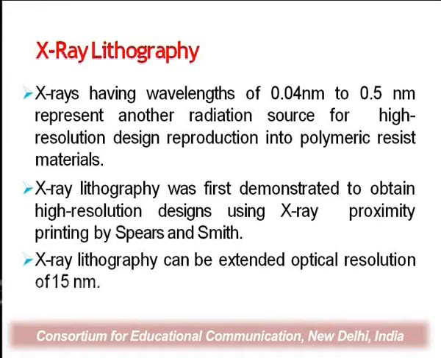Next method is X-ray lithography. What is X-ray lithography? In X-ray lithography we develop the film by using X-rays. The X-rays have a wavelength of 0.4 nanometer to 0.5 nanometer, and they represent another radiation source for high resolution patterning of the polymeric resist material.